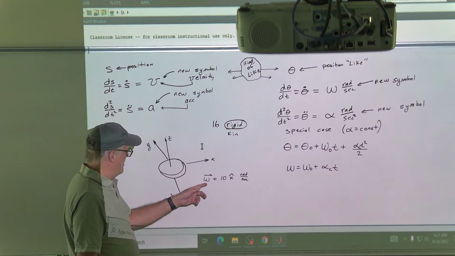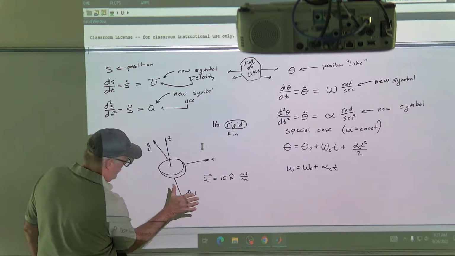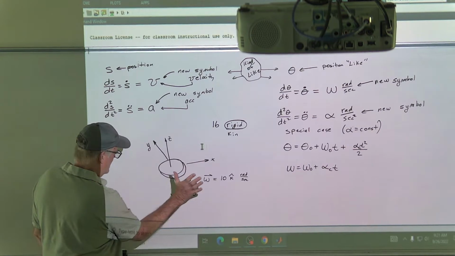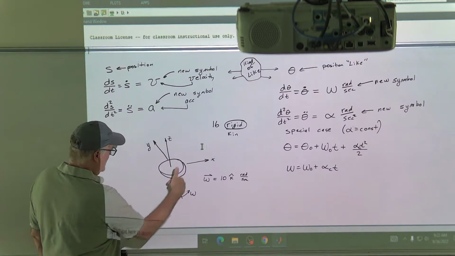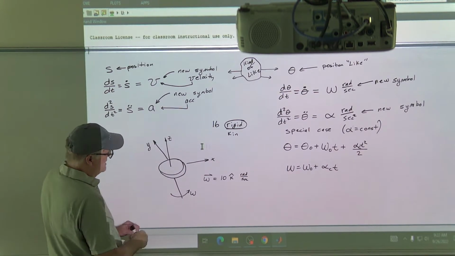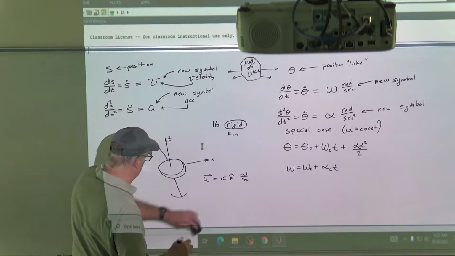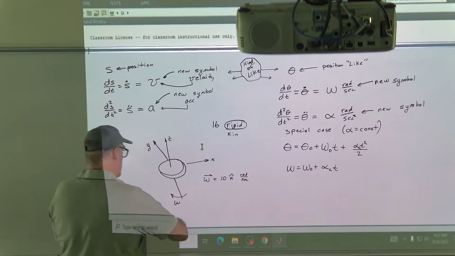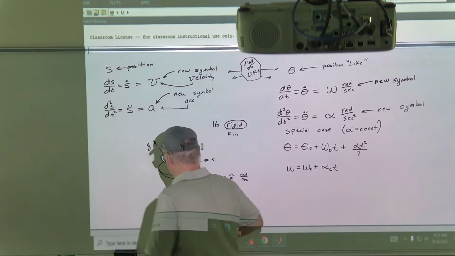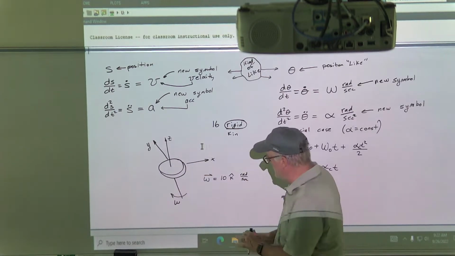Now, that direction is associated with this right hand rule. You're putting your finger there, you're figuring out your hand goes in the direction of the rotation, and you get that. However, if it's spun the other way, you would take your finger, I'd have to stand over here, spin it that way, it becomes a negative.